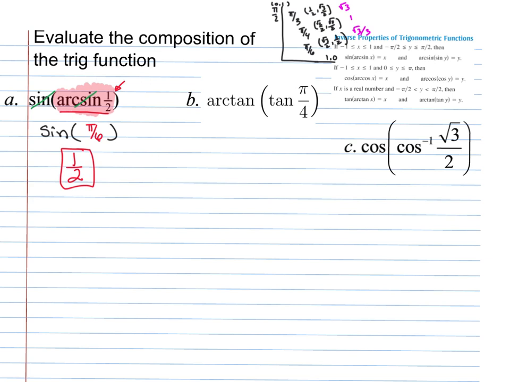Now for part B, again I'm going to work from the inside out. So if I do the arctangent of tangent of pi over 4, now we're talking about radians. This radian value has to lie in the range for tangent, and for tangent the range is negative pi over 2 to pi over 2.